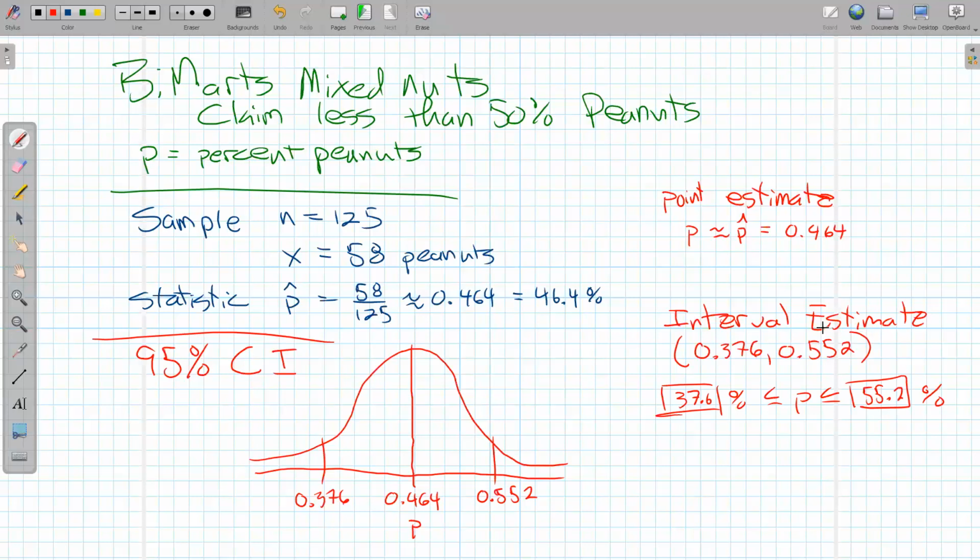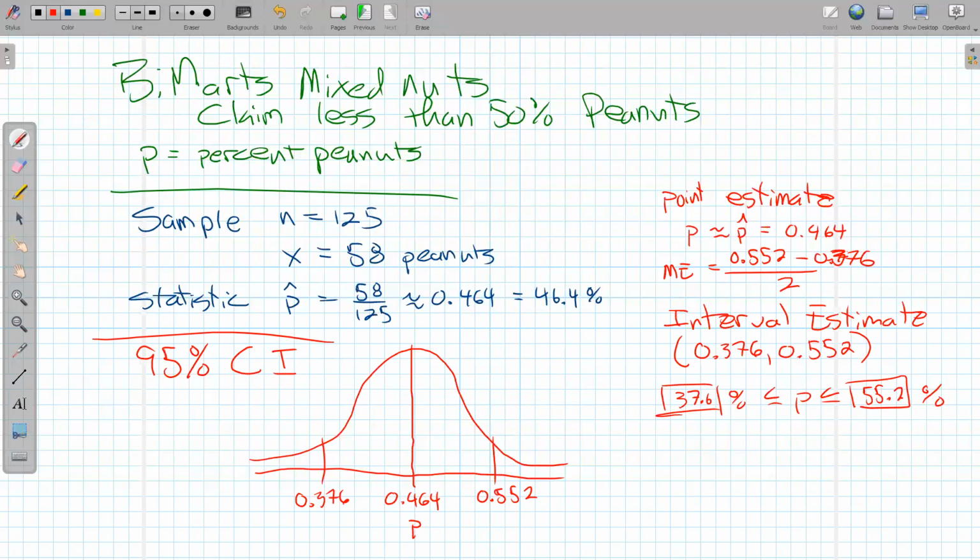Does it want an interval? Does it want numbers? Does it want percents? Does it want decimals? Margin of error, if we wanted to include that here too. Usually I put that with the point estimate, but you could put it with the interval too. But usually I don't ask for all at the same time, just one or the other. Point and margin, or lower and upper. So the margin of error would be the upper 0.552 minus the lower 0.376, over 2.